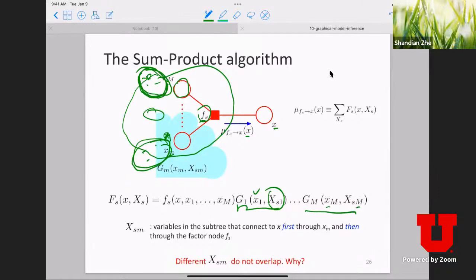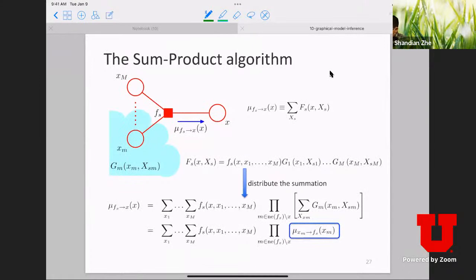This is kind of cluttered notation, but just to give you a sense, they are associated with different sets of nodes and factors again, and different nodes won't overlap.